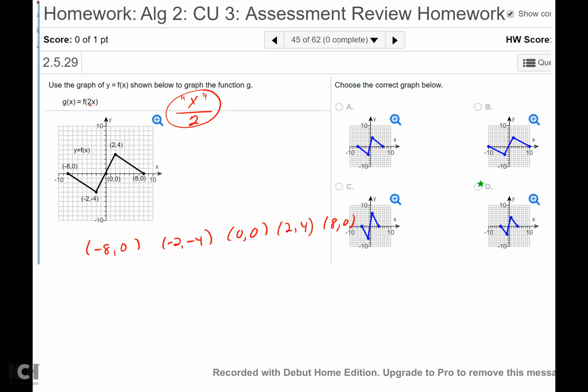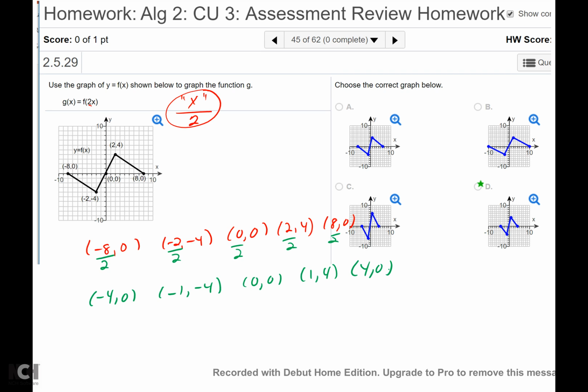Again, they're telling me to multiply all my x's by 2, but I know with my crazy x I got to do everything backwards. So I'm actually going to divide all of my x's by 2. And that's going to give me negative 4, 0, negative 1, negative 4, 0, 0, 1, 4, 4, 0.